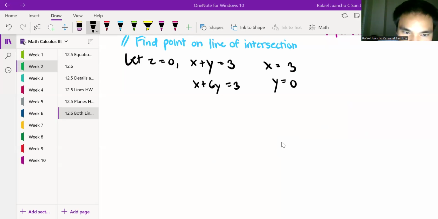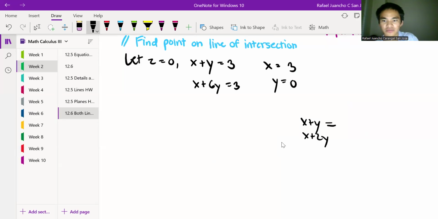I'm trying to look at his example. X plus Y, X plus 2Y. We can try X plus Y, X plus 2Y. They're both equal to 1, right? Now I can just do this. 1 minus y. I can say 1 minus y plus 2y.